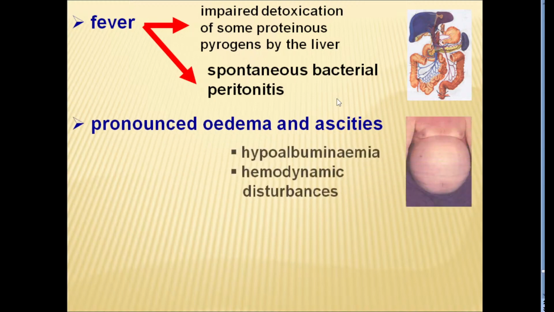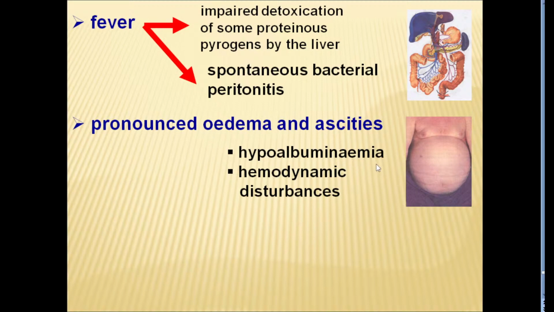We spoke about pronounced edema and ascites, which in a short time may be decreased only with puncture of the abdominal cavity, which is caused by hypoalbuminemia, low oncotic pressure, and blood hemodynamic disturbances, because the final stage of any insufficiency is characterized by involvement of other organs in the pathological process.